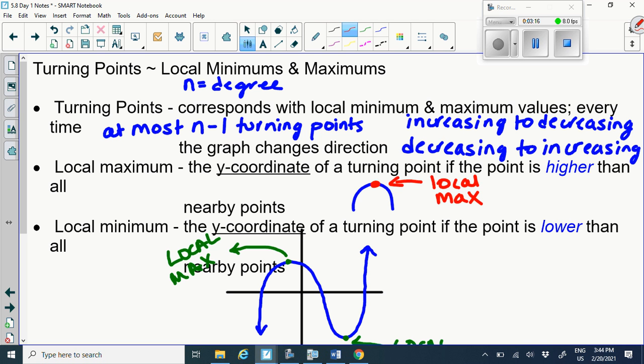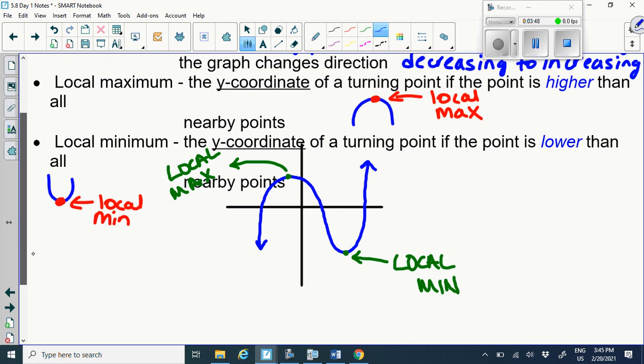On the opposite side, local min, the y-coordinate of a turning point if the point is lower than all nearby points. So basically this means that if we have a hump going like this, then the bottom of it, that's going to be our local min, okay? So remember, turning point, that is when we either go from increasing to decreasing or vice versa, decreasing to increasing. And then that local min and max, those are going to be those highest or lowest points there.